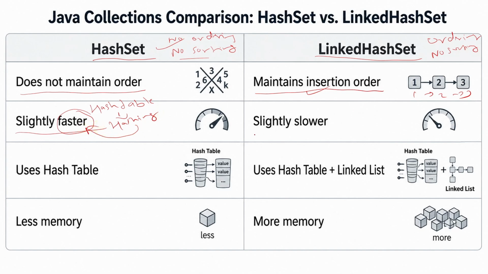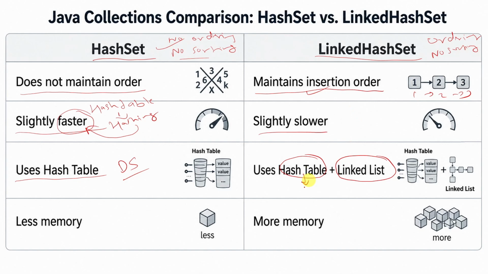LinkedHashSet is comparatively slower than HashSet. HashSet uses a hash table as the internal data structure. The internal data structure for LinkedHashSet is a hash table plus a doubly linked list. We have seen in the diagram how it combines both hash table and linked list.